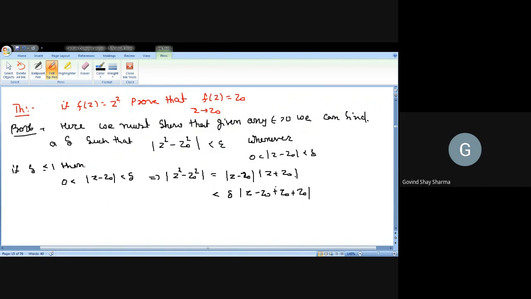Here we add and subtract z0: z + z0 can be written as (z - z0) + 2z0. Since |z - z0| is less than delta, which is less than 1, this is less than 1 plus 2|z0|.